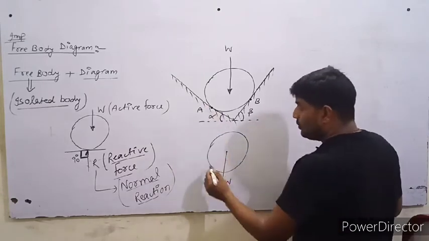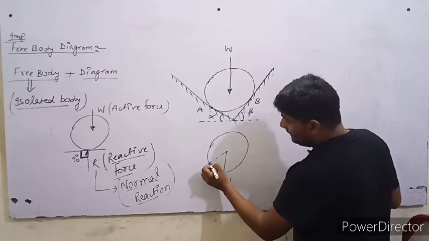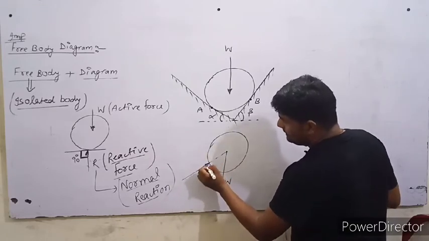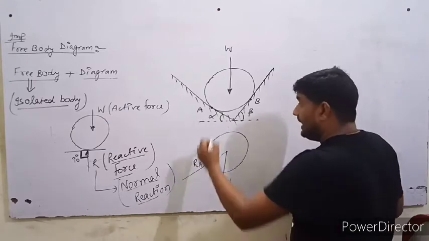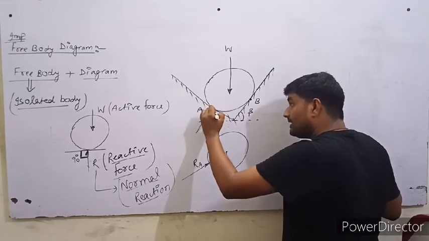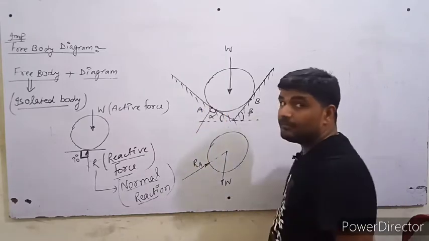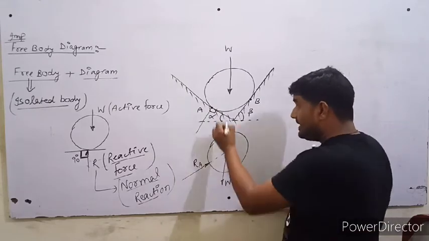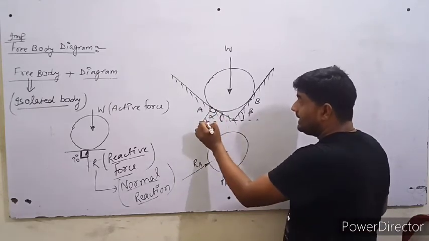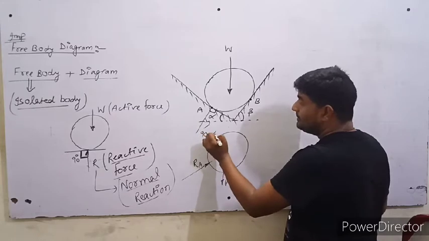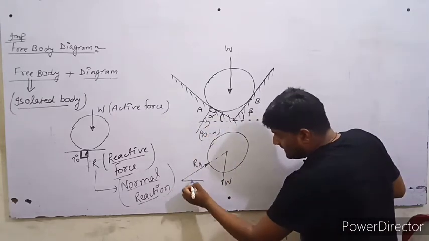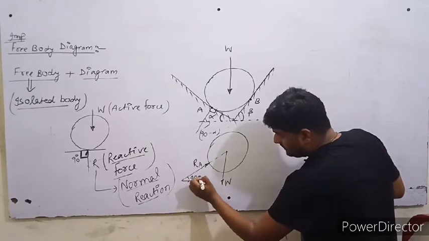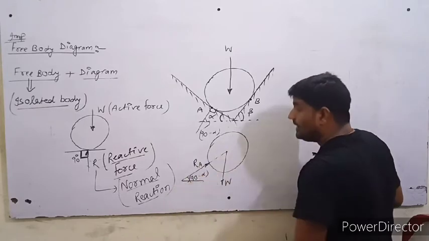If I remove the support, there will be a reaction Ra, and the reaction will always act normal to the support. If this angle is alpha, and this is 90, this angle will be 90 minus alpha.